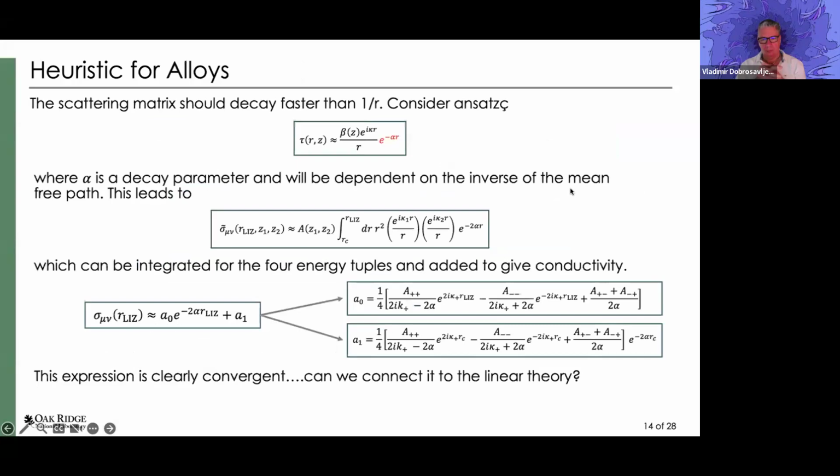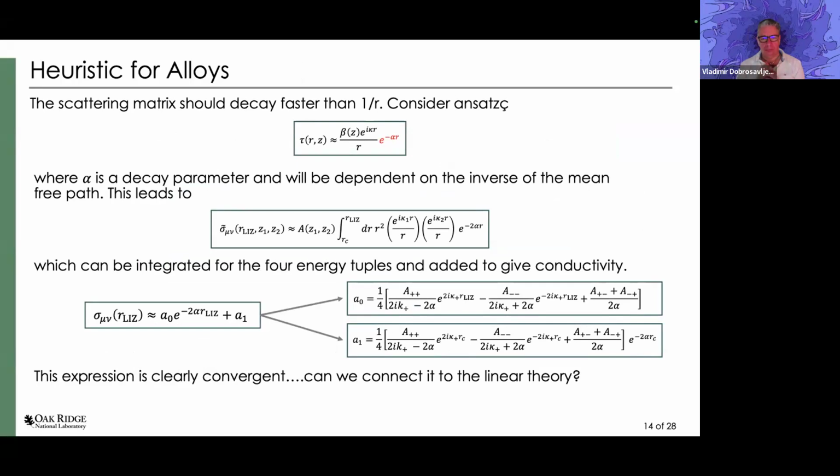The problem is, in pure elements or weak disorder, your tau matrix is very slowly decaying, and that's why when you integrate it, it blows up. So it stands to reason that if you somehow make this function more quickly decaying, then it should converge. When you integrate it, and if that converges, then you will end up with a finite conductivity.